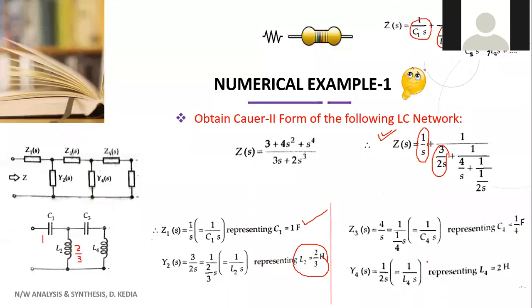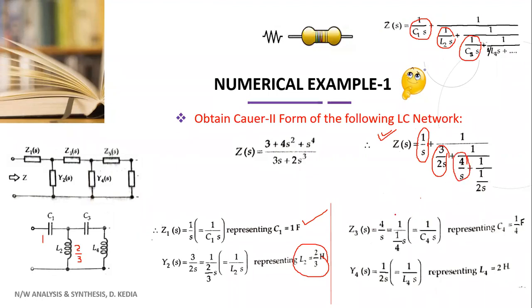Then we have 1 by C3s. 1 by C3s is 4 by s. It means C3 is how much? 1 by 4. This will not be C4, it will be C3, so C3 is 1 by 4. Then we have 1 by L4s, which is equal to 1 by 2s.